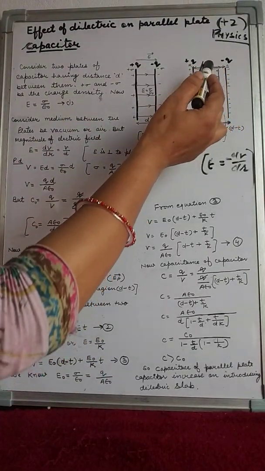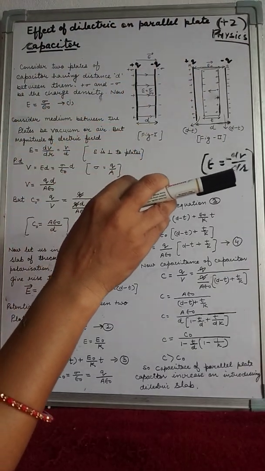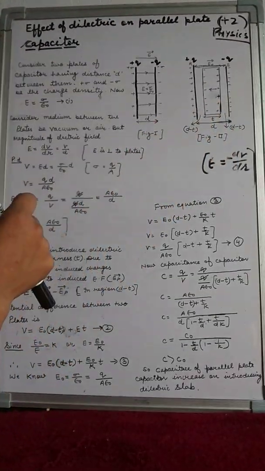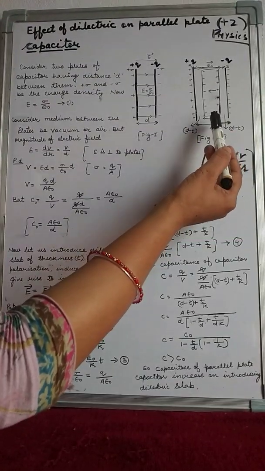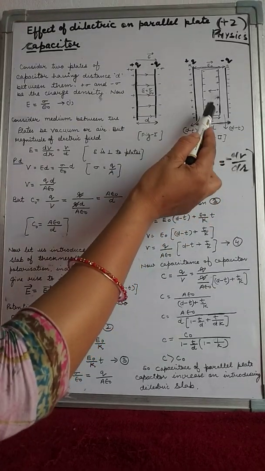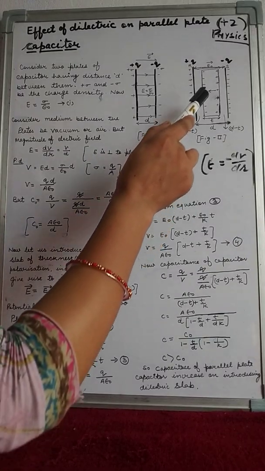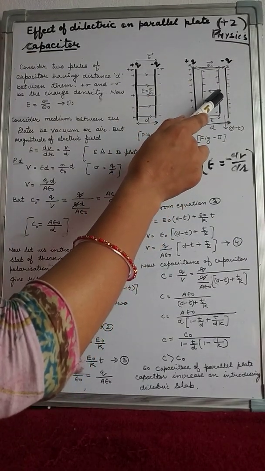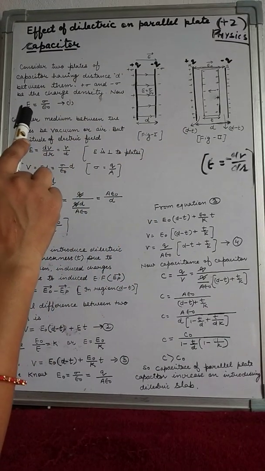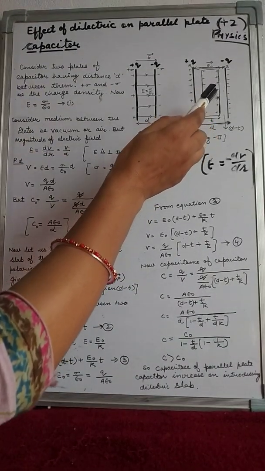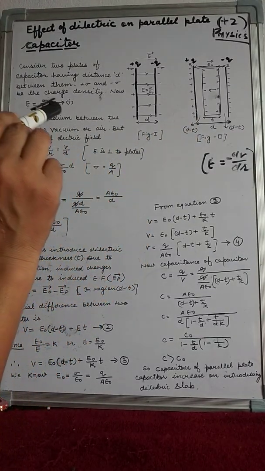E naught is the applied electric field between the two plates of the capacitor. Now we have introduced this dielectric, and the thickness of the dielectric is T. The charges induced on the opposite faces give rise to an electric field, and that electric field is called the induced electric field.